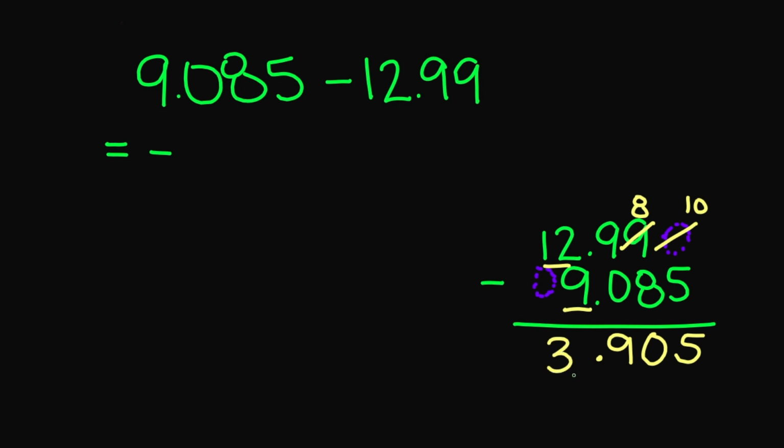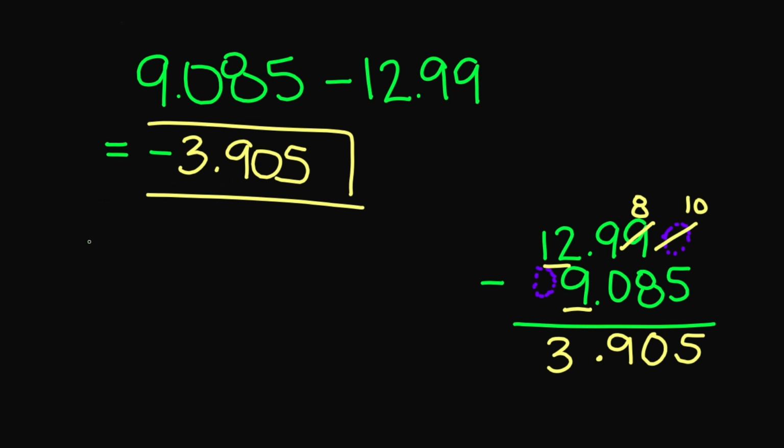Okay, so 12.99 minus 9.085 equals 3.905. However, same numbers, 9.085 minus 12.99 equals a negative 3.905.